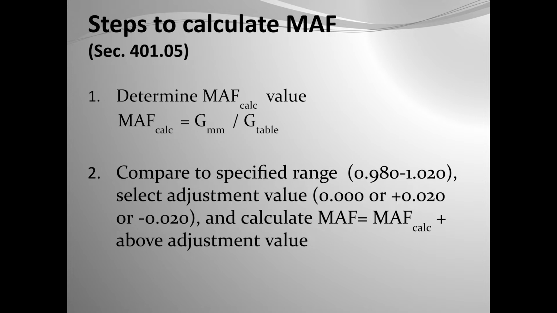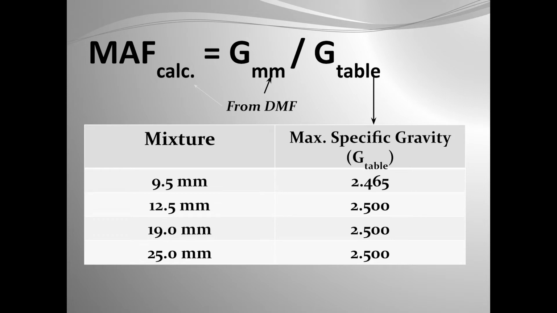Once you have that MAF factor, you're going to look at the specified ranges that INDOT gives you, and that tells you if there is going to be an impact to your specific mixture and on your specific project, or if you are within that range of 0.98 to 1.020 where you won't be affected. And then here's just a quick slide showing what those MAF factors are, or how that calculation is figured from the given maximum specific gravity on the tables.